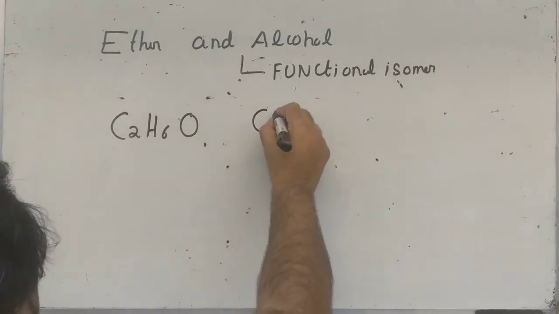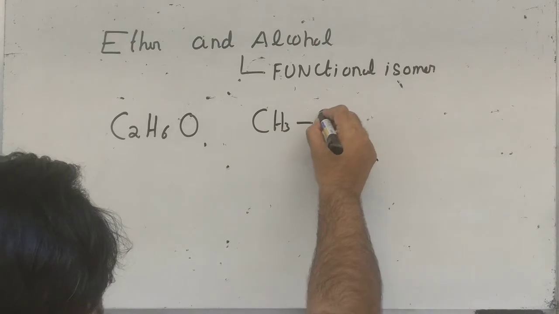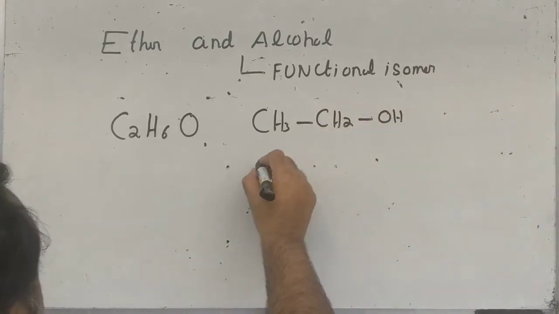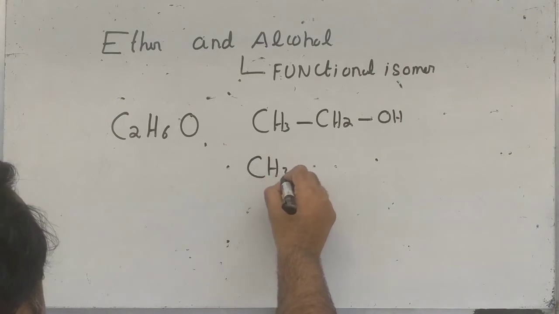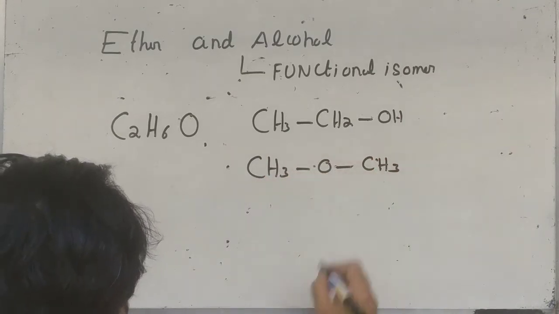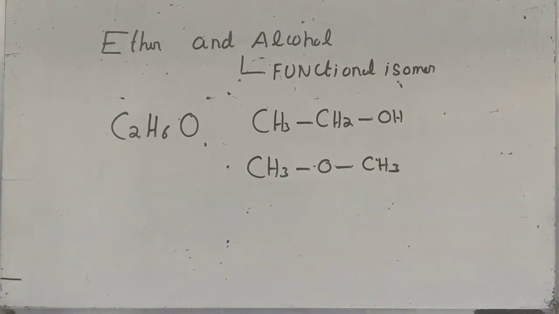With this formula, you can make ethanol, having a functional group OH. You can also make the simplest ether, dimethyl ether. So alcohol and ethers are functional isomers, an example of structural isomerism.